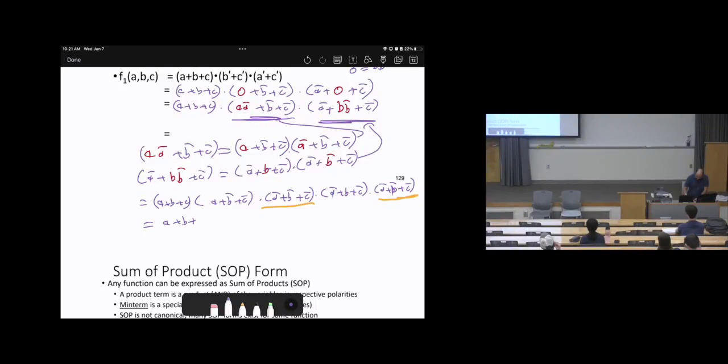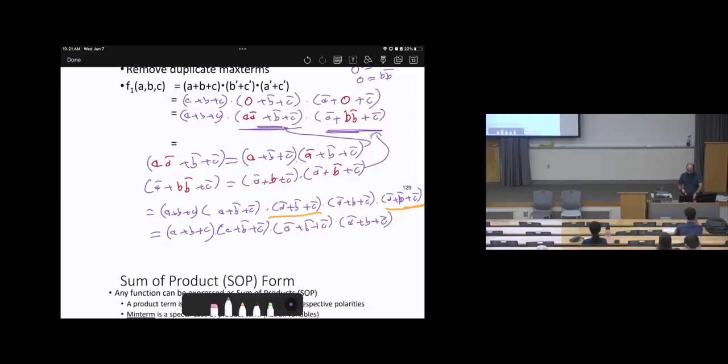A plus B plus C, then times A plus B bar plus C bar, then the common term, write only one of them. A bar plus B bar plus C bar, then A bar plus B plus C bar. And that's it. That's how we do it using the algebra.